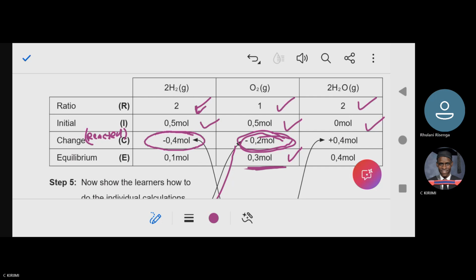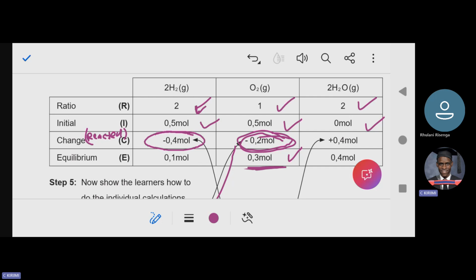And always, for the ones at equilibrium, we say the initial minus the ones that reacted. Then you get the number of moles at equilibrium. So 0.5 was initial, minus what reacted, which was 0.4. They are reacting in the ratio 1:2. So you don't balance the initial one; the initial ones can be in excess. But how do they react?